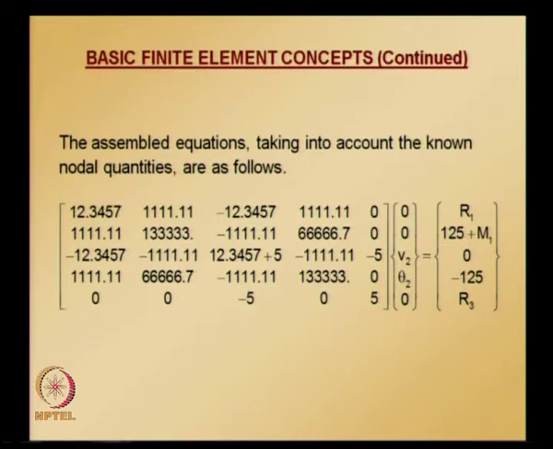Eliminating the rows and columns corresponding to the degrees of freedom which are 0, we get a reduced equation system, which is a 2 by 2 equation system.